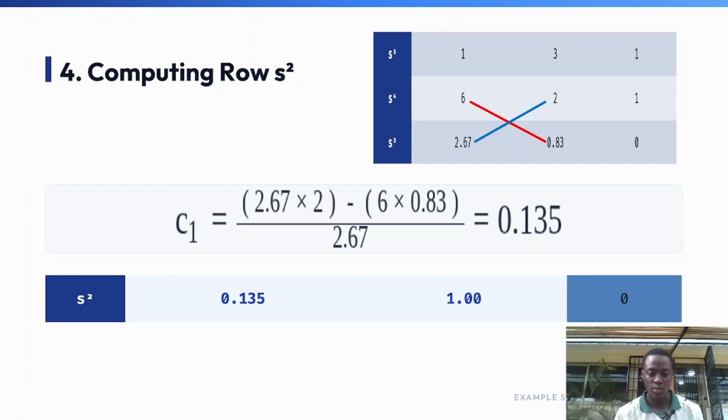For the second element in this row, we look at the last column where the value above it is 0. This simplifies the math significantly, allowing us to carry down the value 1.00 to fill the second spot.